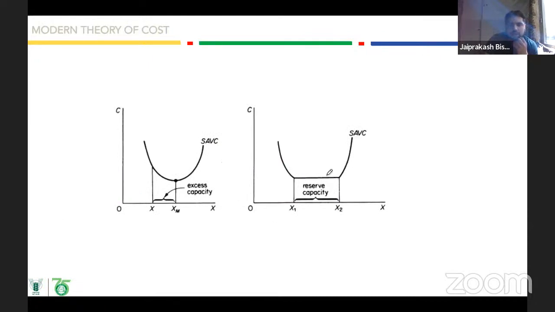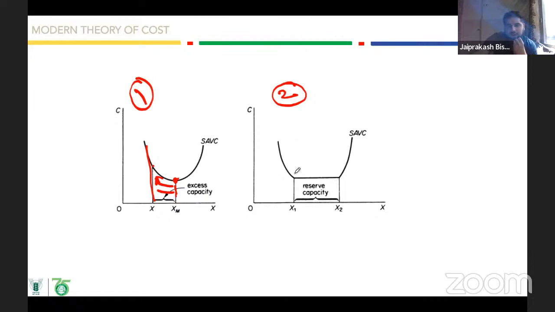See here, I already said this is your reserve capacity, but this second graph is about the modern cost theory, and this is about the traditional cost theory. In traditional cost theory, this is your minimum point, the most efficient point where your cost is minimum, and before this point the cost is higher, and any point in between before this is your plant excess capacity.